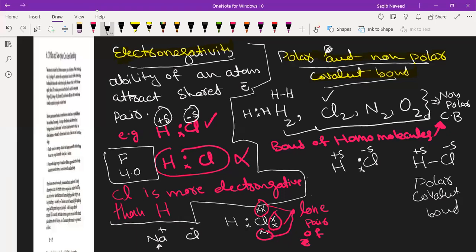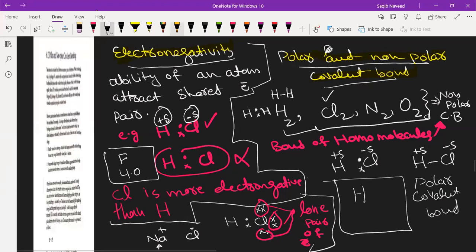Got the point? So whose bond will be more polar? Obviously, one element has the highest electronegativity in the world. That is HF. This bond is more polar than any other bond in the world.